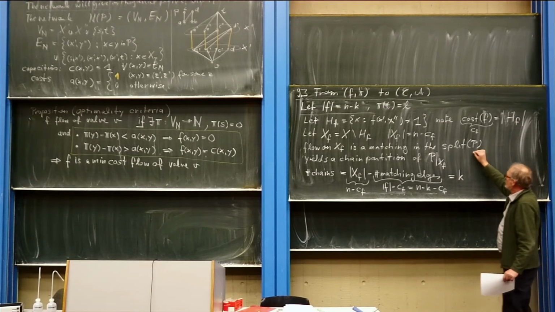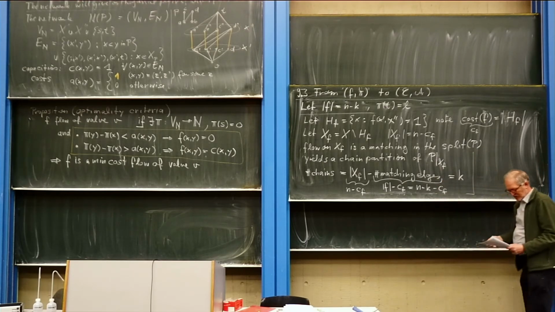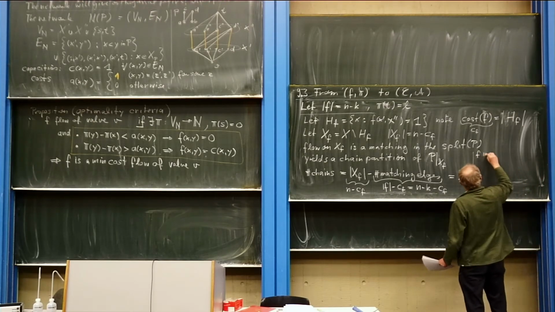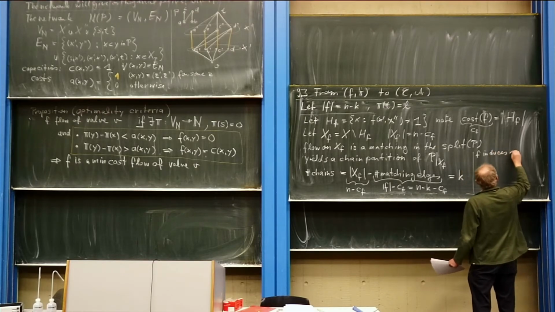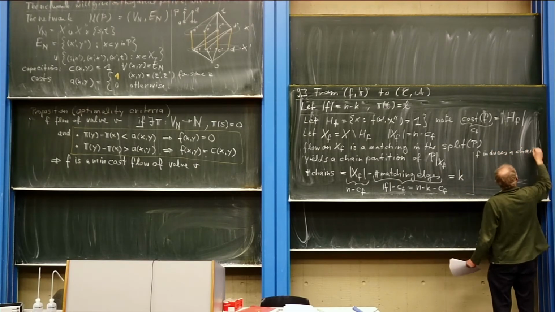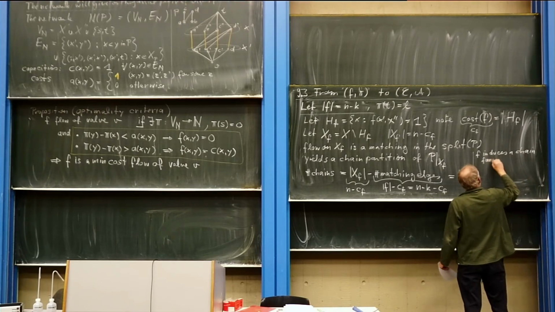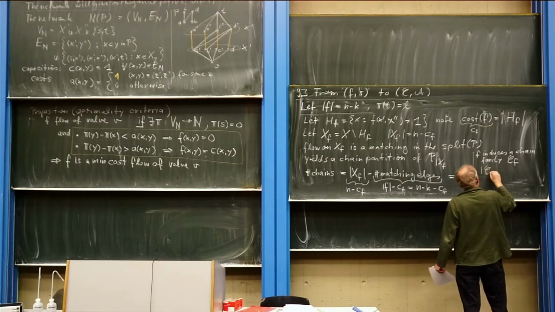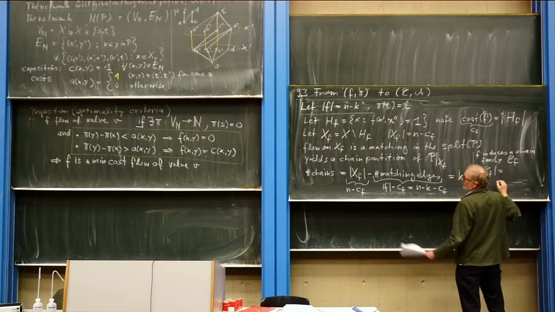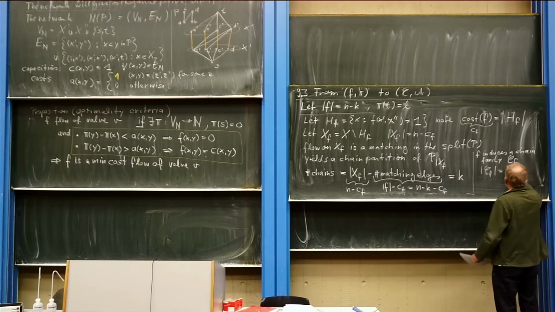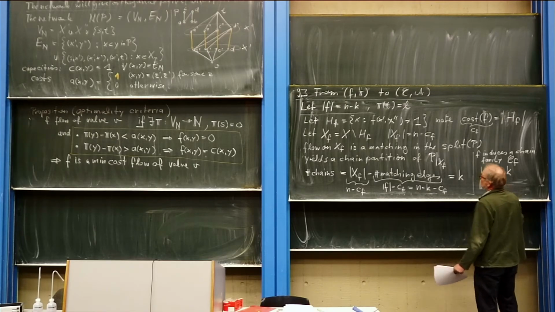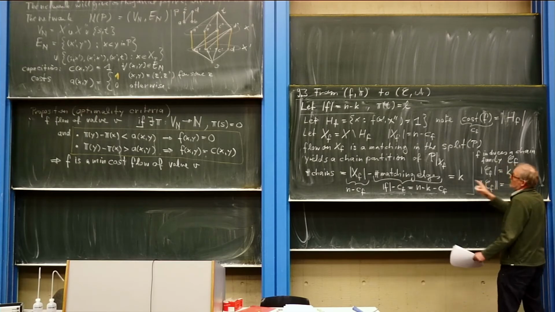So what we have seen here is that F induces a chain family CF, and the number of chains in CF is equal to K, and the number of elements covered by CF is equal to this.